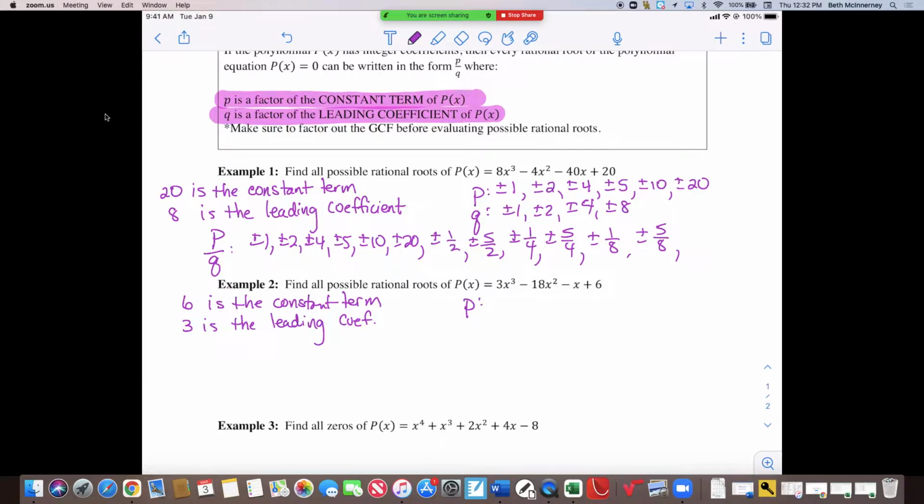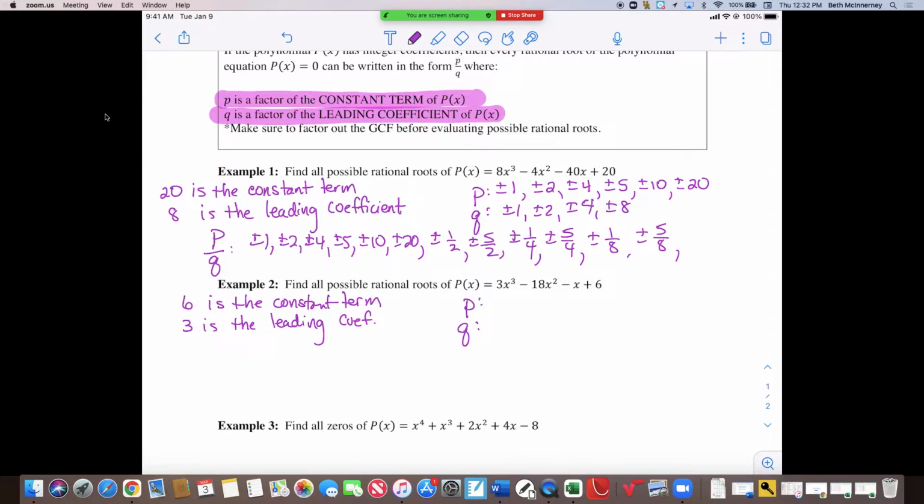So I'm going to give you a brief head start. P is going to be all the factors of the constant term, and Q is going to be the factors of the leading coefficient. So go ahead and list all the plus or minuses to those.